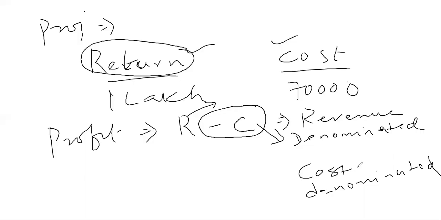So if it is a cost denominated question, you take cost with a positive sign. And if any minor return details are there, you can take them with a negative sign, so that your answer always remains positive. If you do the reverse, suppose you mistakenly take R as negative and C as positive, then you will get the same answer, but the problem is you will get profit with a negative sign, which is an absurd concept.